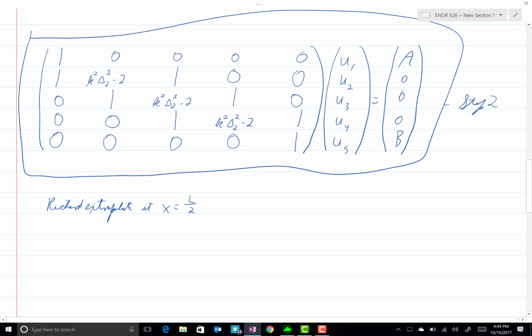And so our Richardson extrapolate would be 4 times U3 from step 2 minus U2 from step 1 over 3.